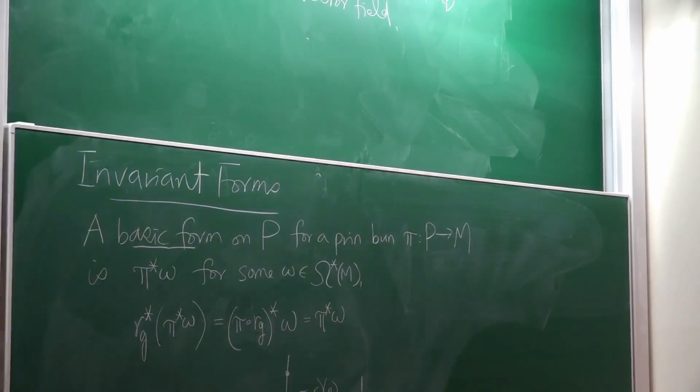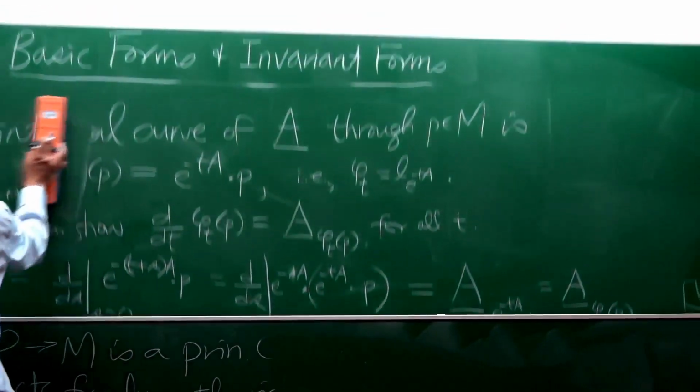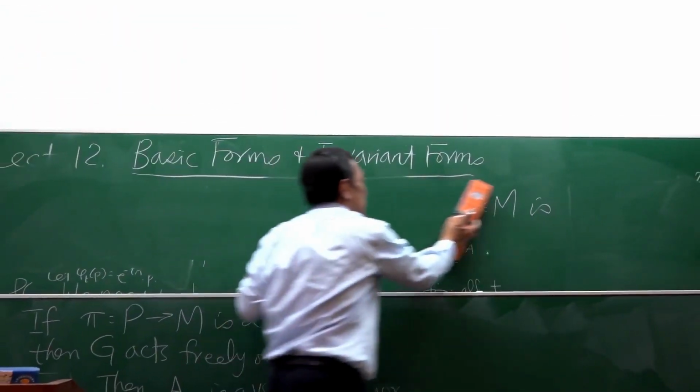So in general, I can define invariant forms on a G manifold.